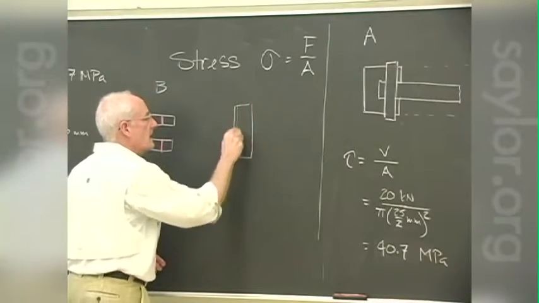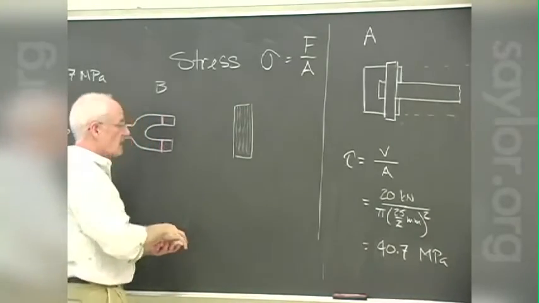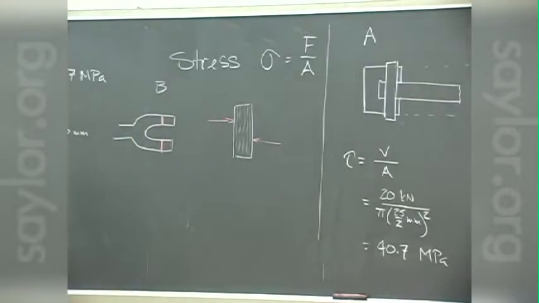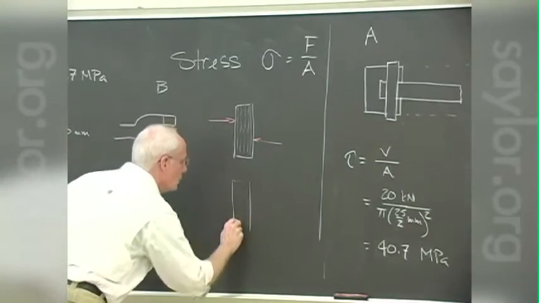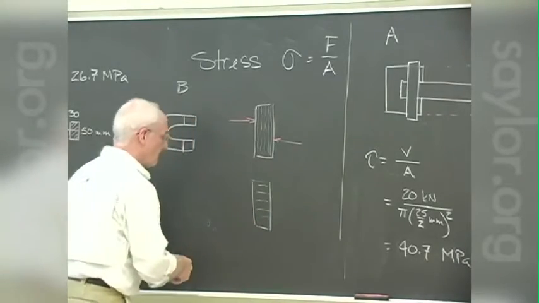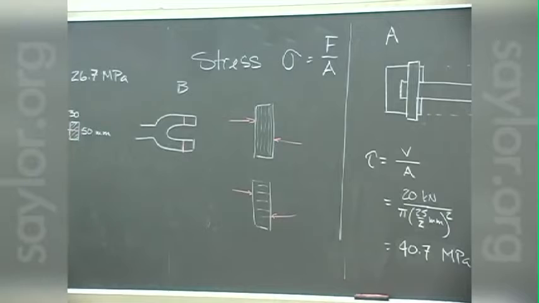If the grain of the wood runs this way, then the wood pin is very good in shear. If they cut those pins such that the wood grain ran this way, then it's terrible in shear, and that wouldn't last very long.